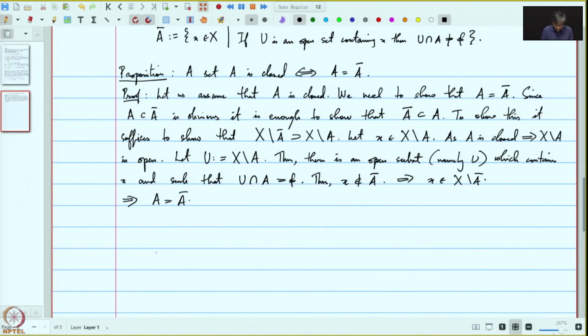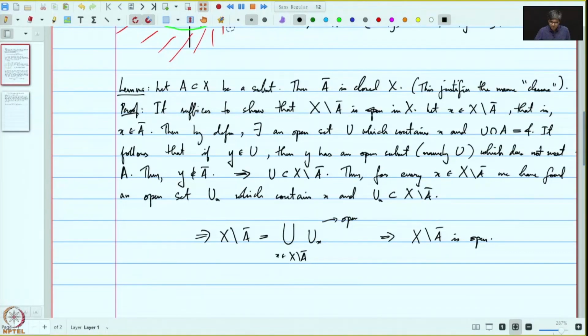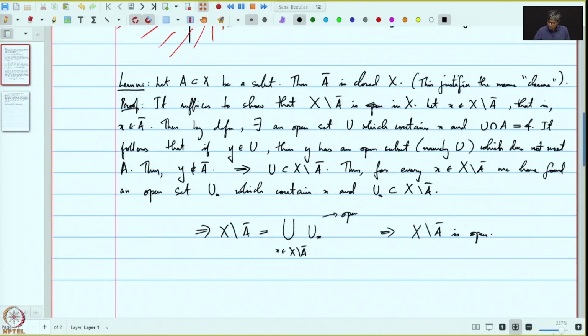So for the other direction, next let us assume that A is equal to A bar. Right. So then by the previous lemma, so what did the previous lemma say? The previous lemma said that A bar is closed in X, right?